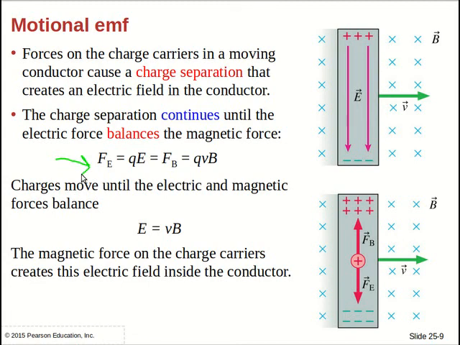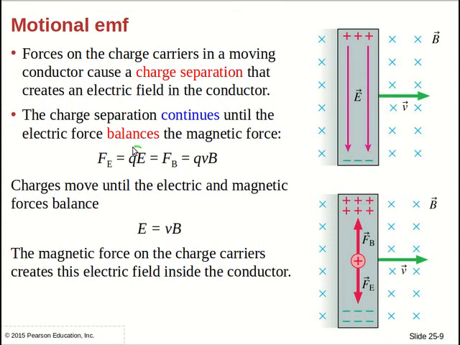The electric force on each of the charges in an electric field E is equal to QE. It also experiences a magnetic force because the bar is moving through the field, FB, which turns out to be QVB. So the charges move under the influence of the magnetic field until they produce a big enough electric field that cancels the force of the magnetic field on those moving charges.